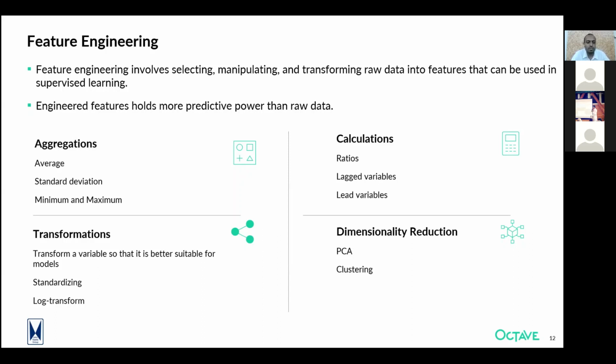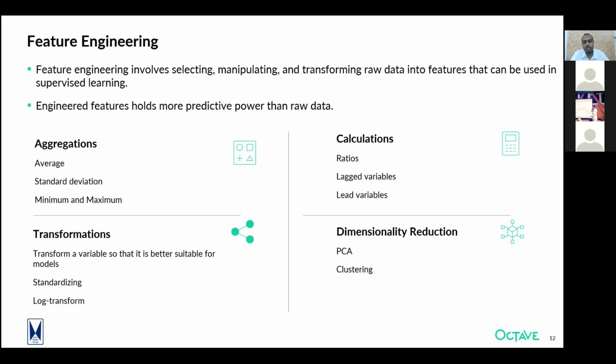When it comes to aggregation, the common ways which you can aggregate features would be using the average. That's one of the go-to techniques, and also we can consider standard deviation, the minimum, the maximum. Next we have the calculation. When it comes to calculation, we can take ratios.